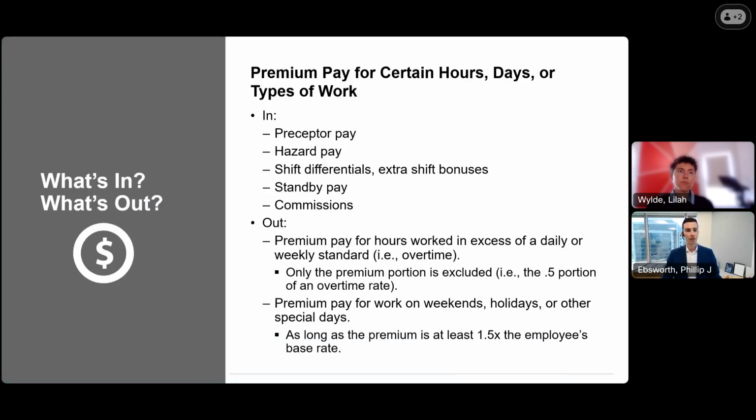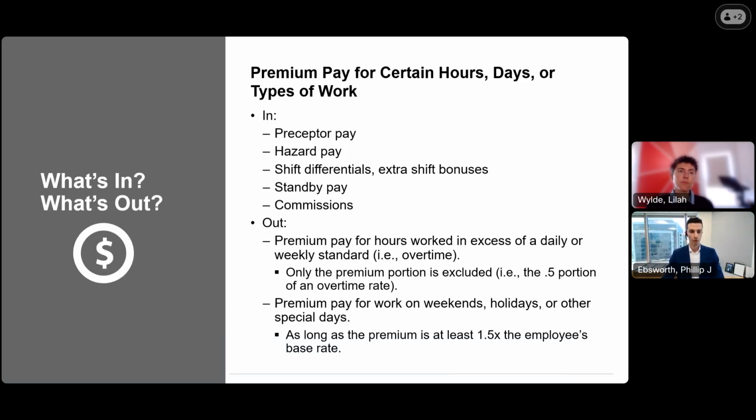First of all, the first thing that needs to go into this number is any kind of premium pay. So shift differentials, hazard pay, preceptor pay, all of these go into the number on the top of our fraction. What we don't include in terms of premiums is an overtime premium, for example.